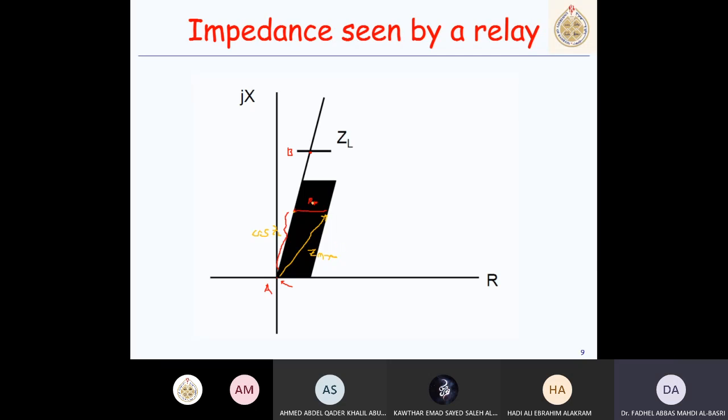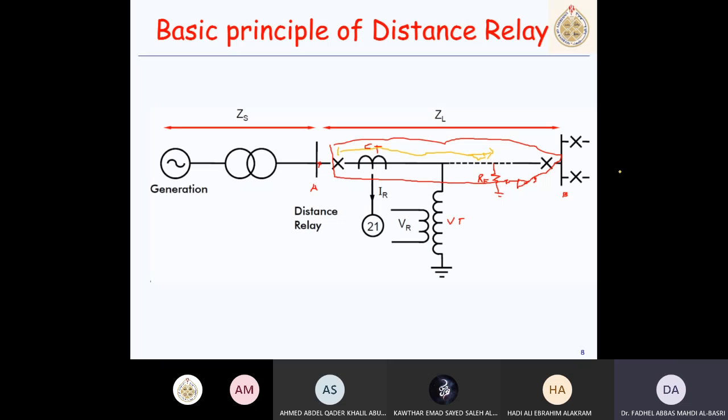Now, if I have a source feeding from this side, feeding also current, and this current from this source, the voltage across this RF will not be in phase, and it might drift.